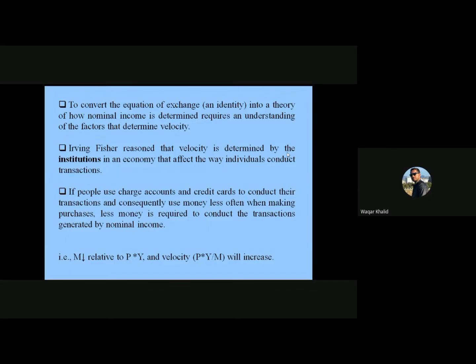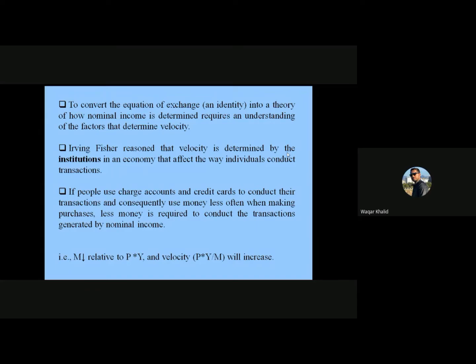So if M is lower relative to PY, velocity will increase. Why? Look at this expression: P multiply Y divided by M. If M decreases, how will it affect the value?